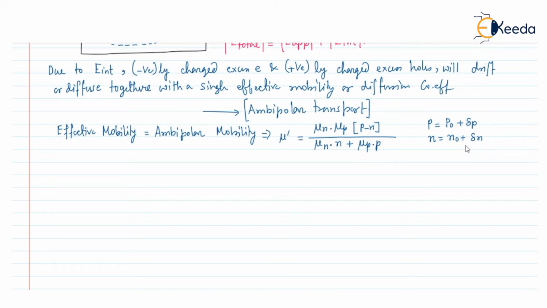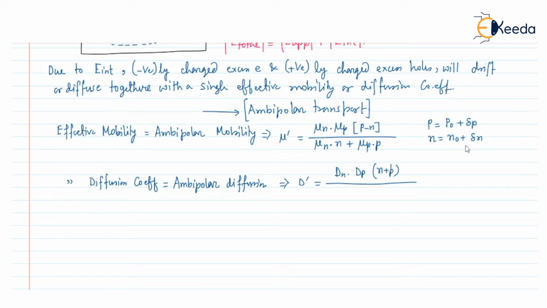And the effective diffusion coefficient is also termed as ambipolar diffusion, and this ambipolar diffusion, if we denote it as d dash, then d dash will be written as dn, that is the diffusion coefficient of the excess electron, and dp, that is the diffusion coefficient of the excess holes, plus n plus p, dn into n plus dp.